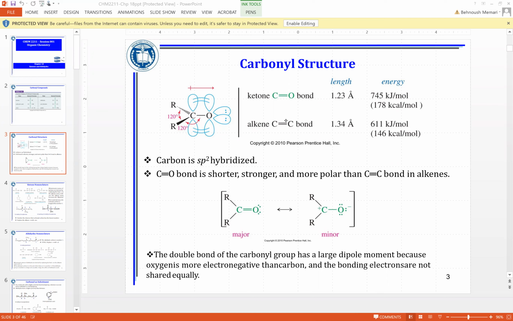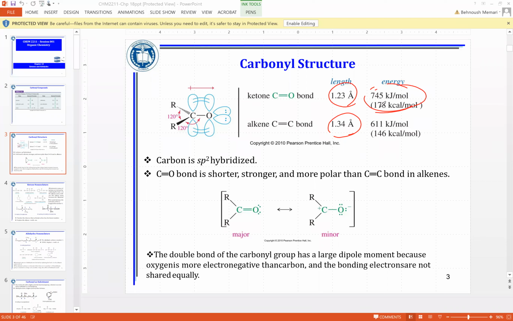What can you say about the length of the carbonyl compared to the C=C double bond? What does it mean if the bond length for the carbonyl is 1.23 and for the C=C double bond is 1.34? There is another piece of information here that can help you with that.